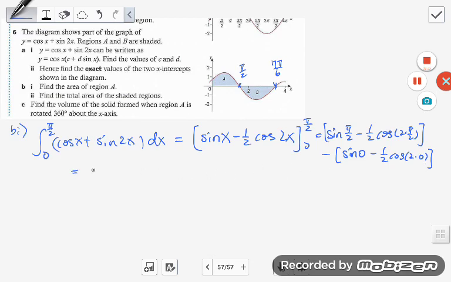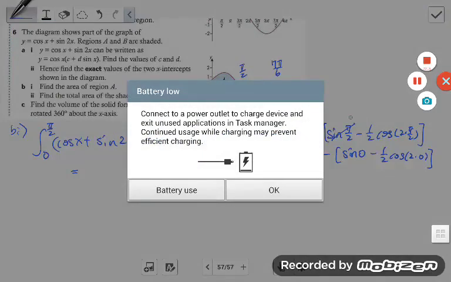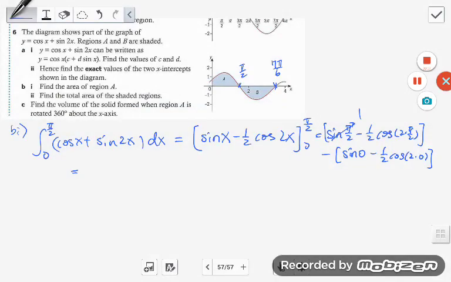Sine of half pi is 1. Cosine of pi is negative 1. Sine of 0 is 0, and cosine of 0 is 1.